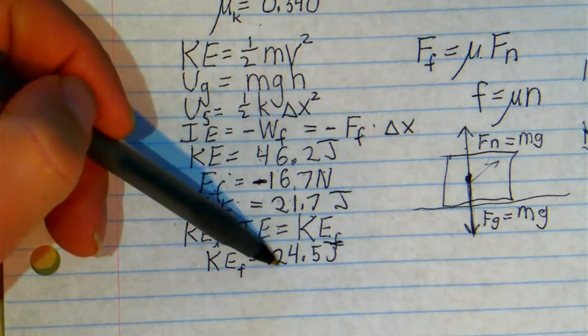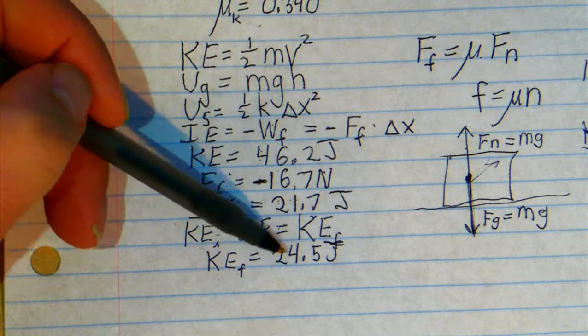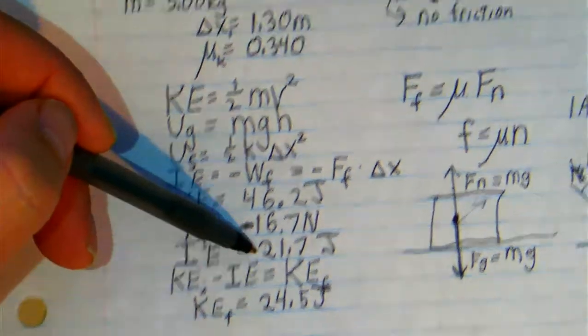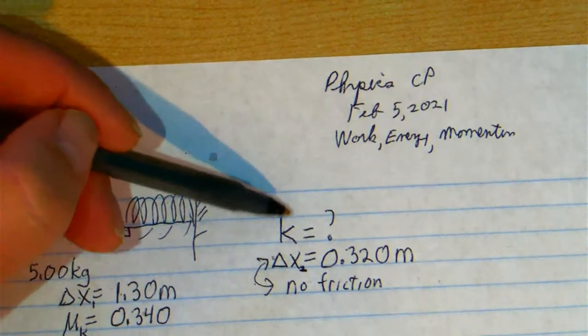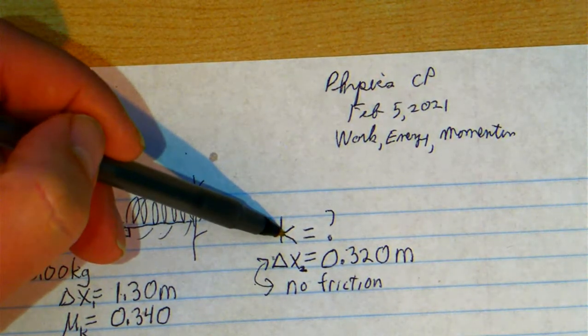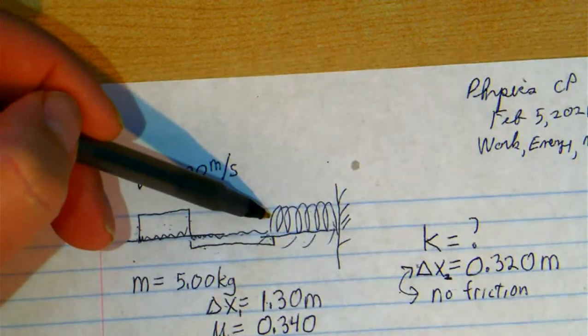So it slows down. And yes, we could calculate what its new speed is, but really the problem that we were trying to solve was, what is the spring constant in this particular situation?